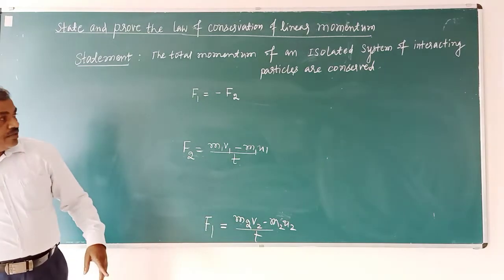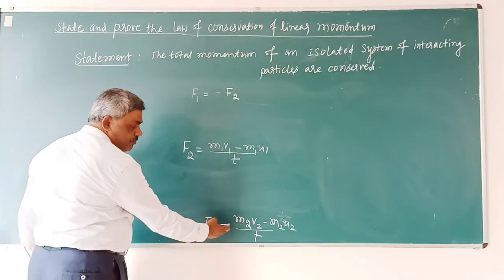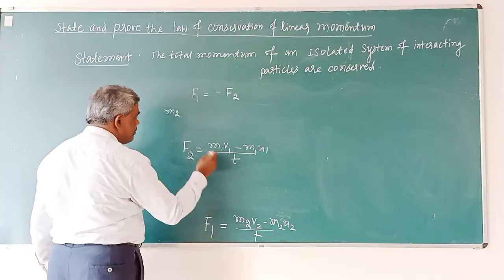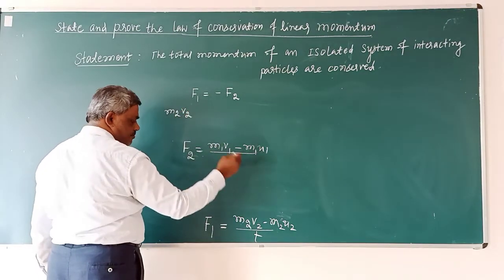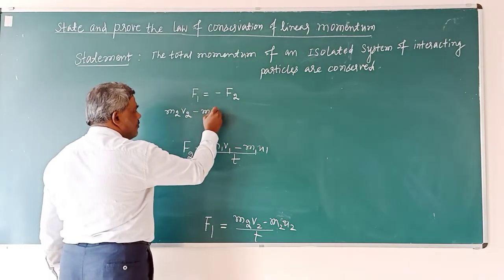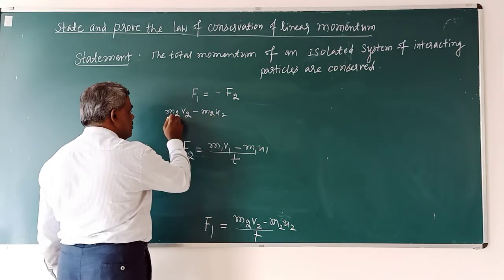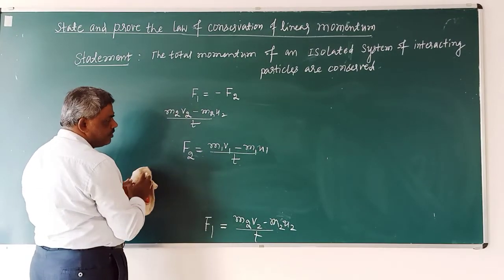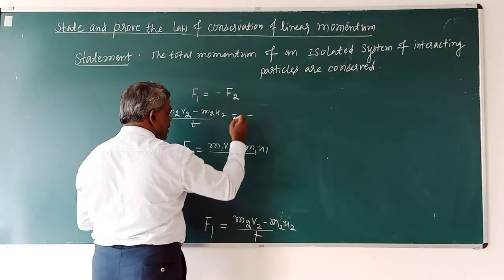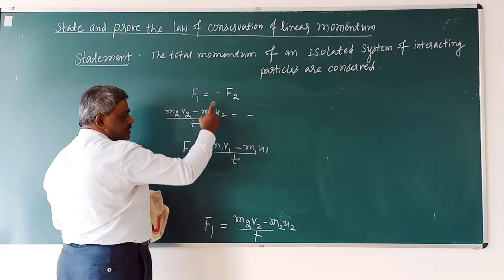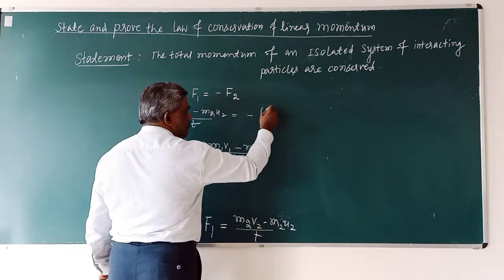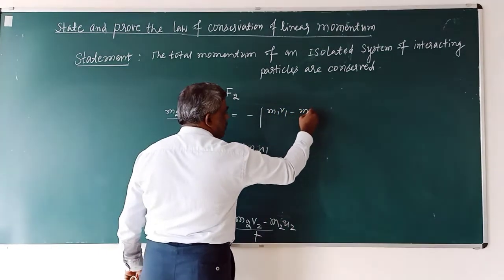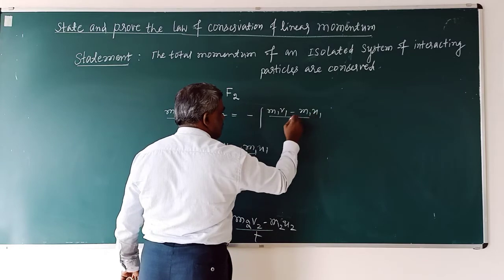So now substituting the F1 value, m2 v2 minus m2 u2 by t, and the F2 value, which has a minus sign, m1 v1 minus m1 u1 by t.